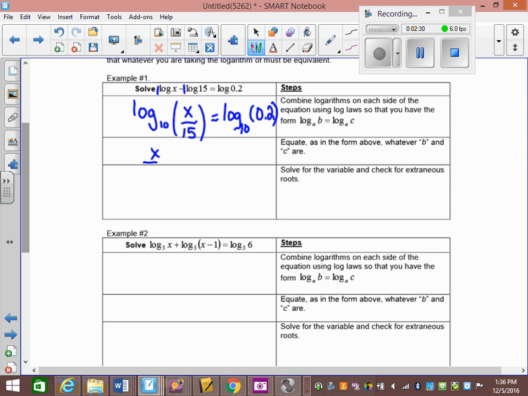So you'd have x over 15 equals 0.2, times by 15. x equals, is it 3? Yeah. Then we check. Take our 3, put it back in. 3 is beside the log, that's going to work. We can check it and see if left side equals right side, and it does, you're good.